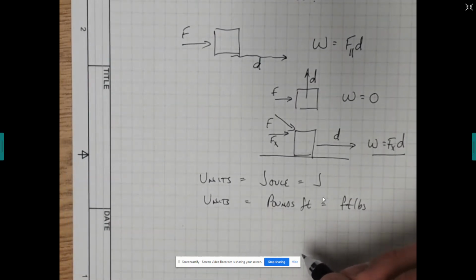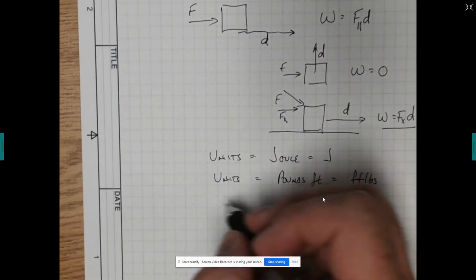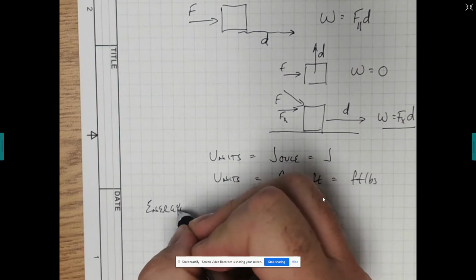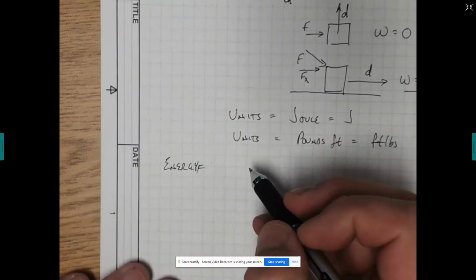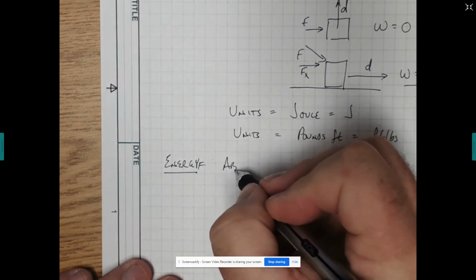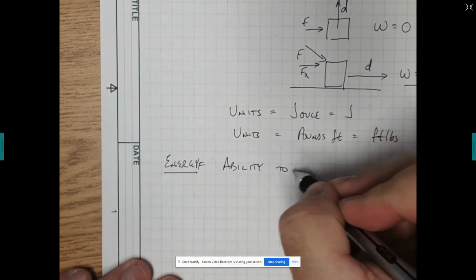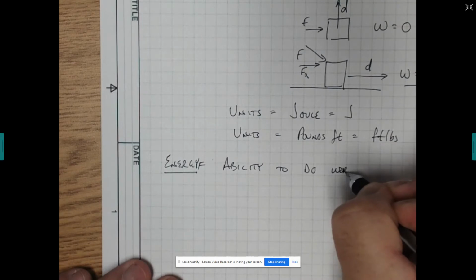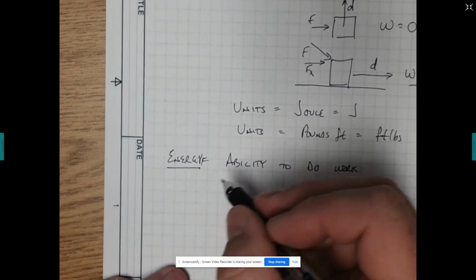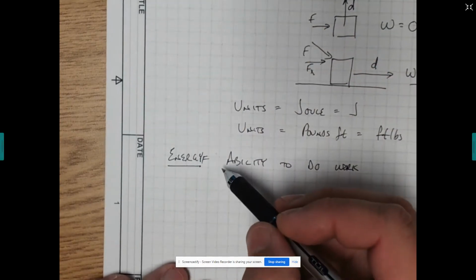The next thing we want to look at is called energy. Next, let's look at energy. Energy is just the ability to do work. So energy and work are really the same thing. Okay, so when we talk about work, we're also talking about energy.